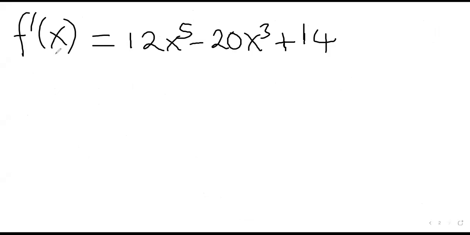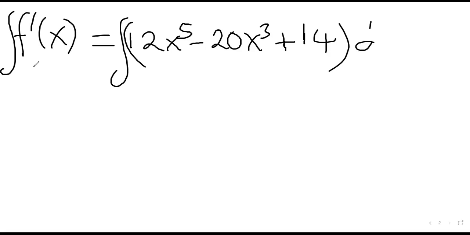Remember what we are doing here is to find the value of f of x, the original function. So we are going to integrate this again. When you integrate this side, you also integrate this side. Don't forget to put the dx at the end of that part.